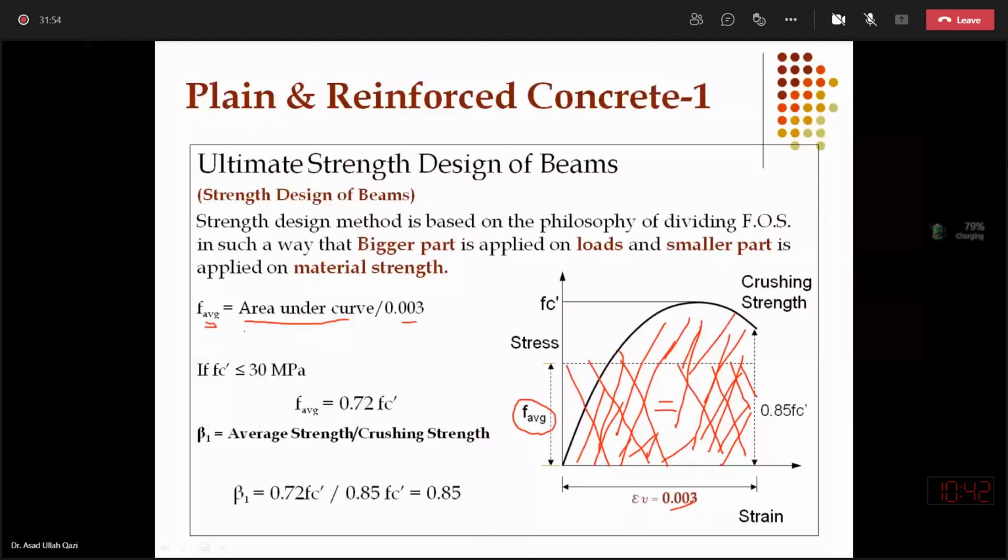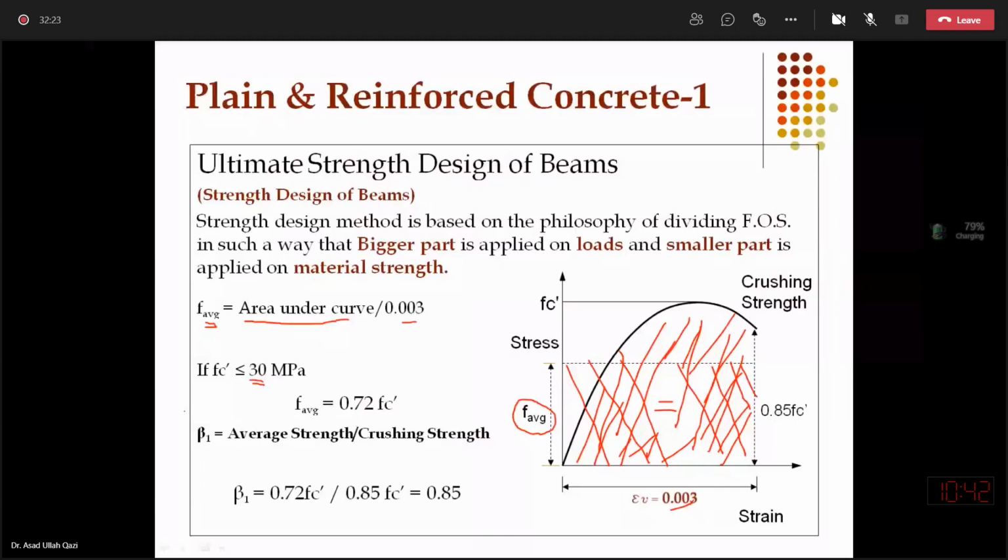It is important to note this for all concretes up to 30 megapascal compressive strength. Maybe you start from 17 megapascal. In normal structural concretes, ACI recommends that the compressive strength should not go below 17.5 megapascal.